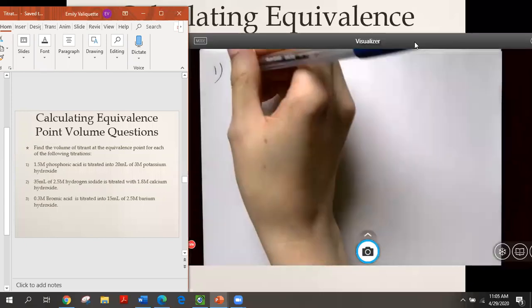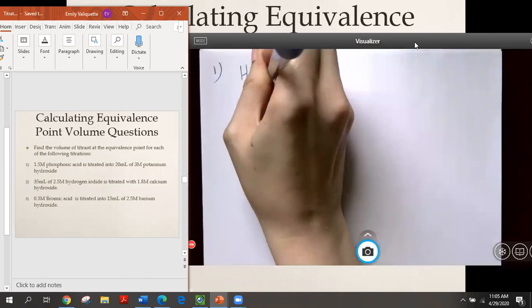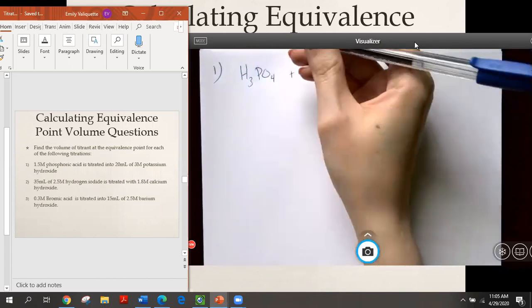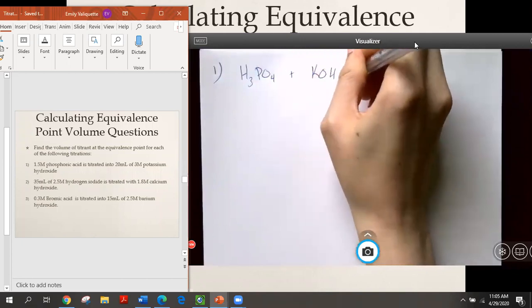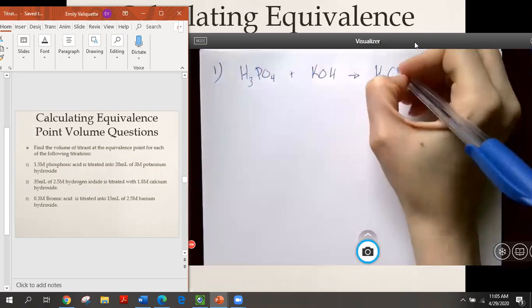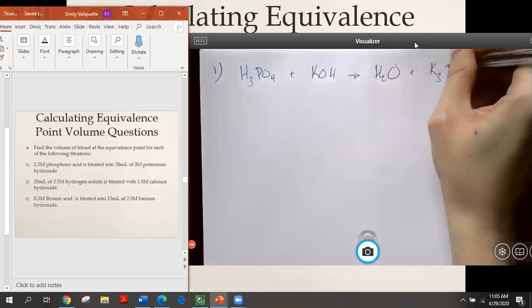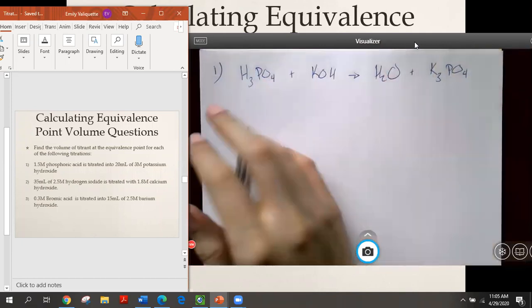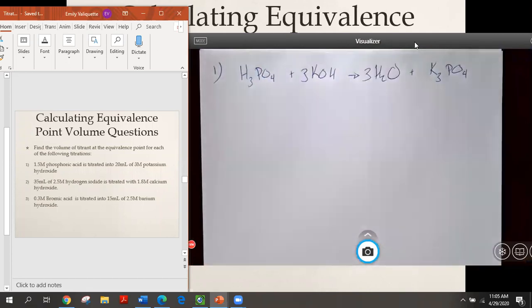Okay, so for question number 1, we have phosphoric acid, H3PO4, reacting or being titrated into potassium hydroxide, so KOH. So we're going to make water and K3PO4. And then we balance with a 3 there and a 3 there.